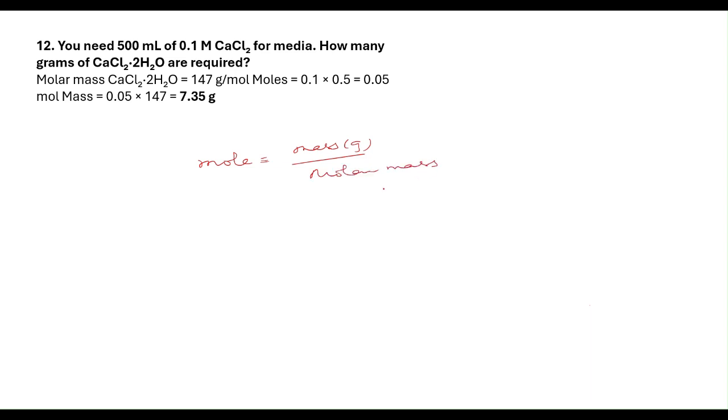Molar mass is gram per mole, and 1 mole is nothing but 6.022 into 10 to the power 23 particles. That is called Avogadro number. So if you take 1 mole of sodium chloride or 1 mole of potassium chloride, they will have the same number of particles in them.